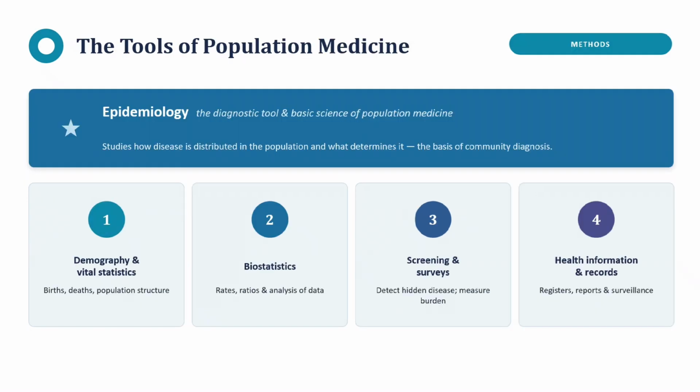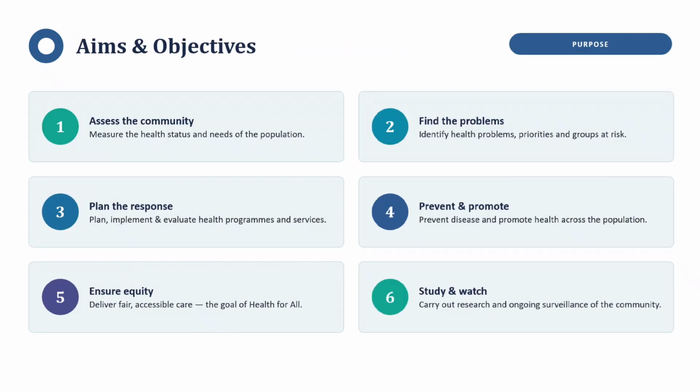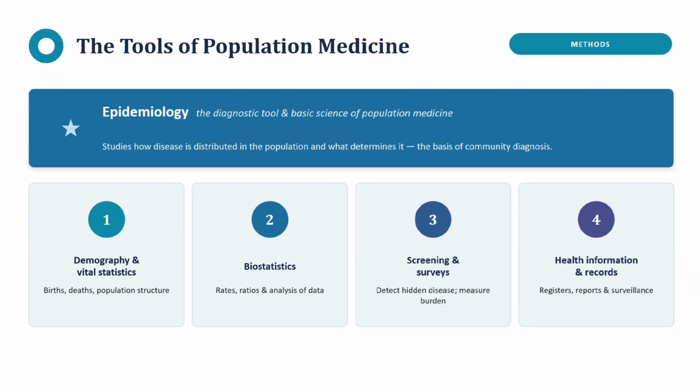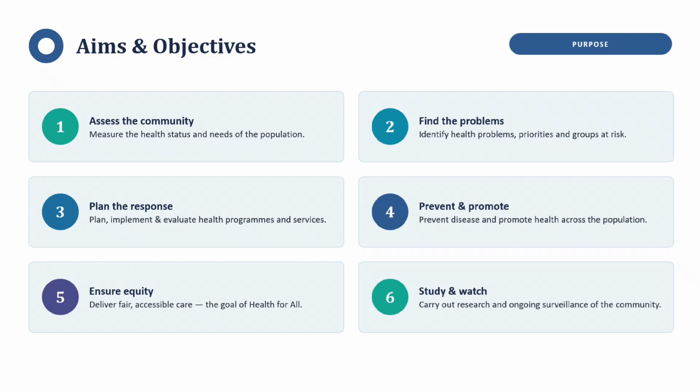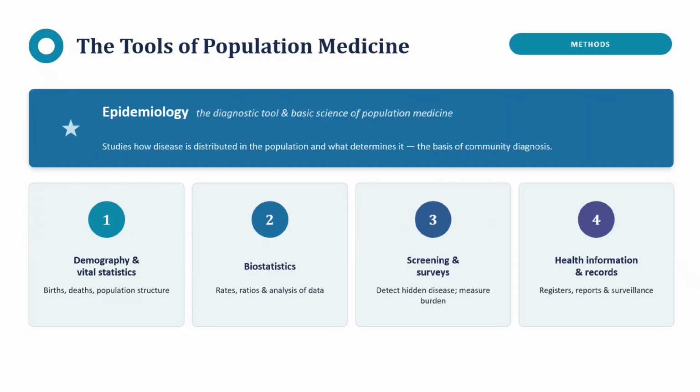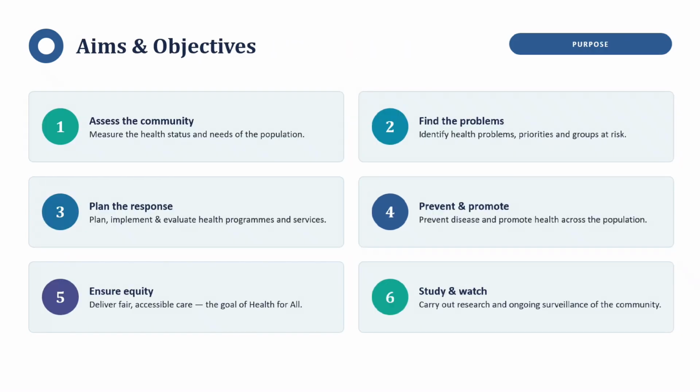Ensure equity, that is, deliver fair, accessible care in pursuit of the goal you will hear repeated throughout this subject. Okay, health for all. And study and watch: carry out research and ongoing surveillance of the community continuously and not just once.